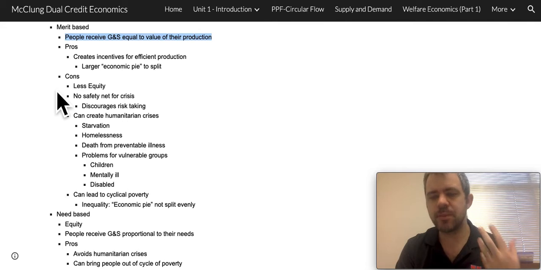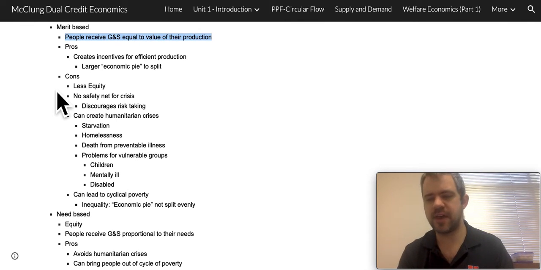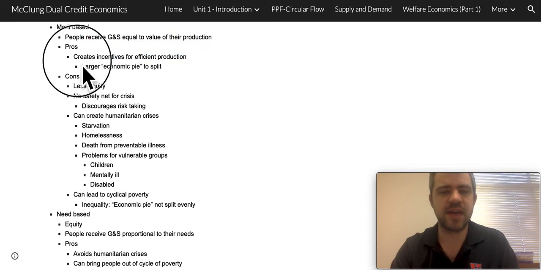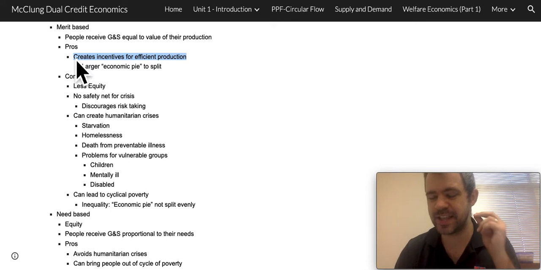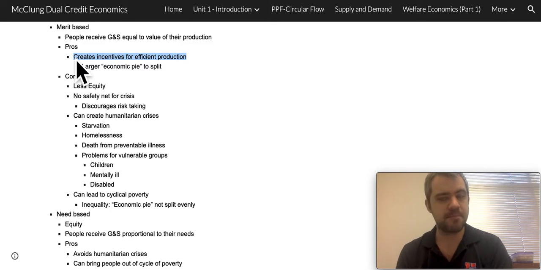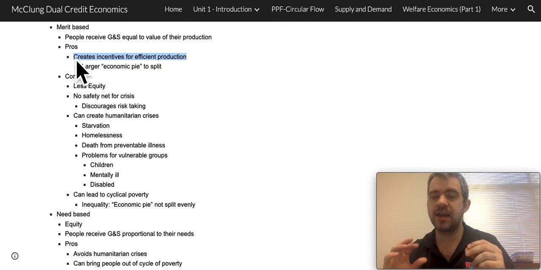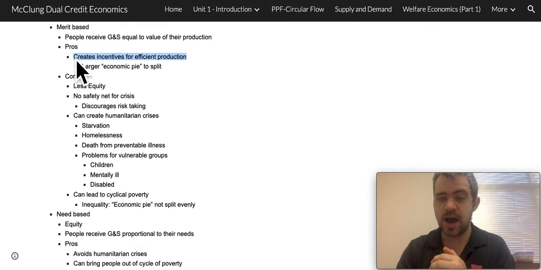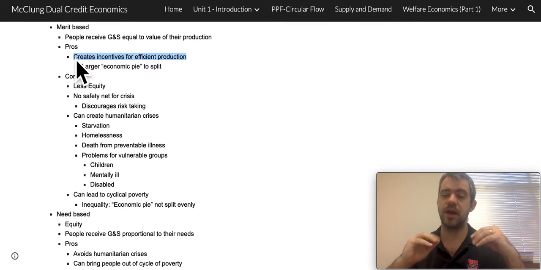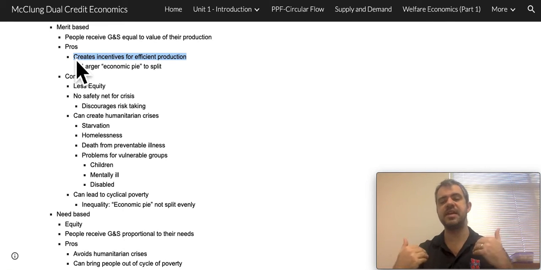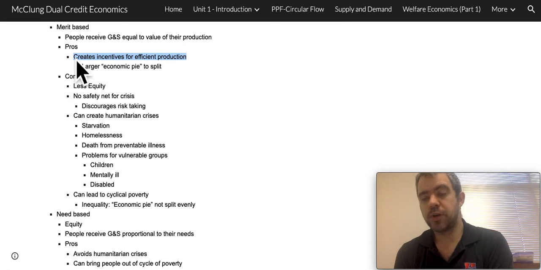Now, the major upside of the system, other than some perceived fairness, is that it gives an incentive to produce as efficiently as you can. And I'm not saying just to work hard, because there are lots of people who work hard and don't accomplish anything. I'm saying to work hard and smart, because if you produce efficiently, then you receive more goods and services.